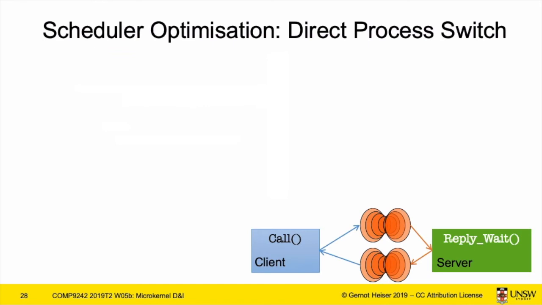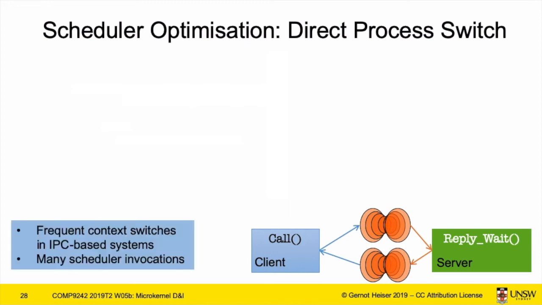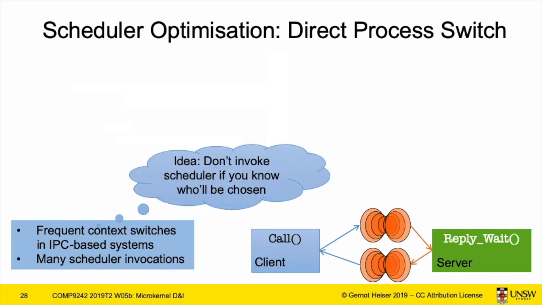And a related optimization that's always also been with L4 from the beginning is what we call direct process switch. Remember when I looked at the fast path last hour, where we do the context switch without actually invoking the scheduler and just running on the sender's time slice. We say, okay, we don't need a scheduler because we know typically that the receiver is to be continued.